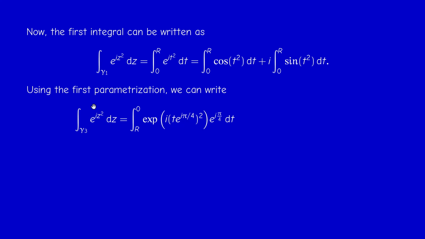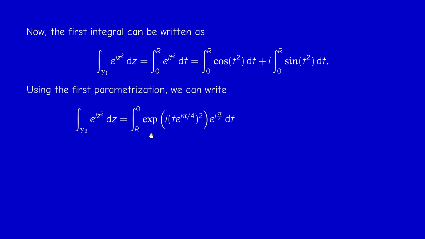Now, for the third integral, if you use the first parameterization, which is t e^{iπ/4}, pay attention to the orientation. If I use this orientation, I have to specify that t varies from r to 0. So the integral is from r to 0 and not from 0 to r. This is a method that I find very simple.